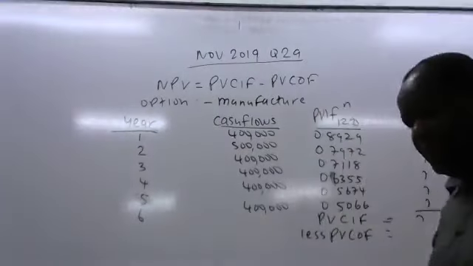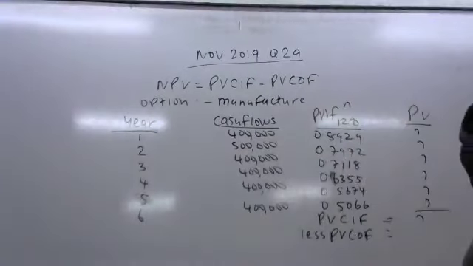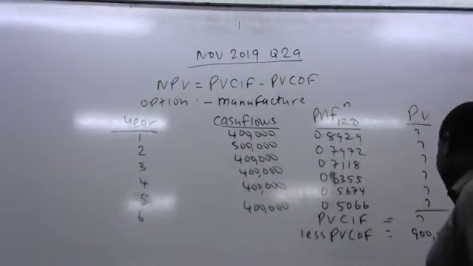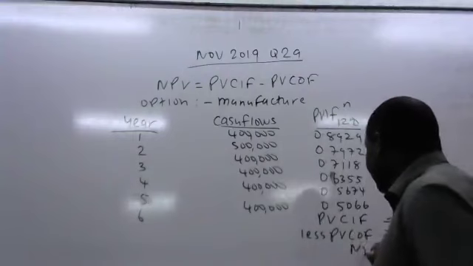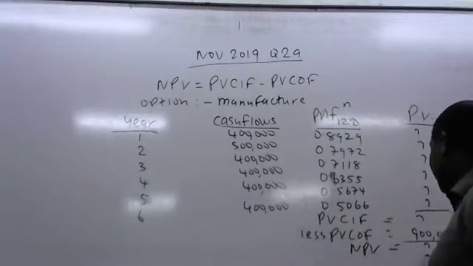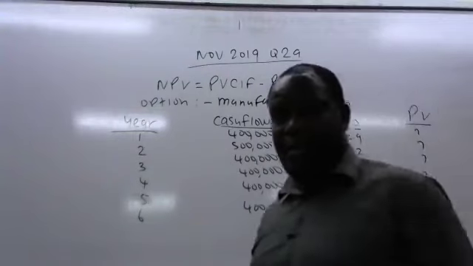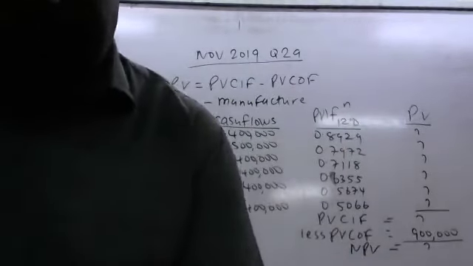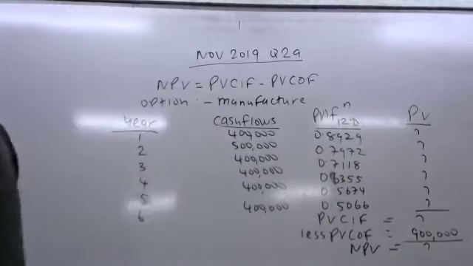For this one, the present value for the cash outflow was 900,000, so that you also get the NPV for that option.